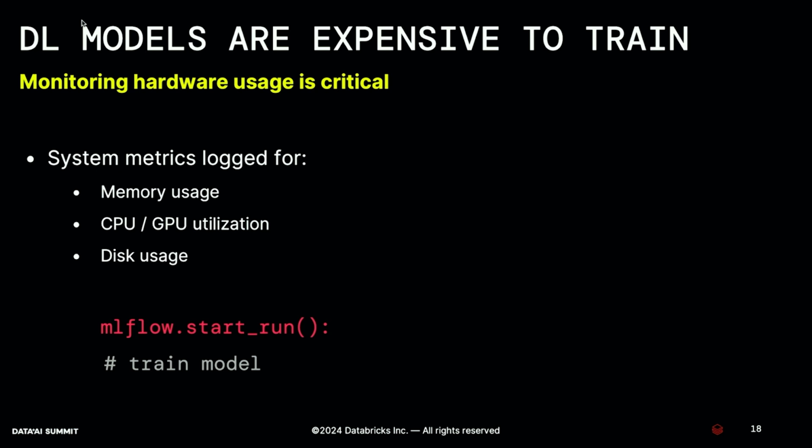Beginning in MLflow 2.8, MLflow now offers automated tracking for any training job that you create with the MLflow Start Run API. Simply add this line of code to your deep learning training job, and system metrics are automatically computed and tracked throughout the entire duration of training.